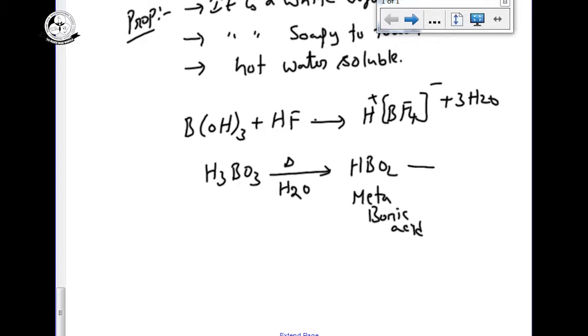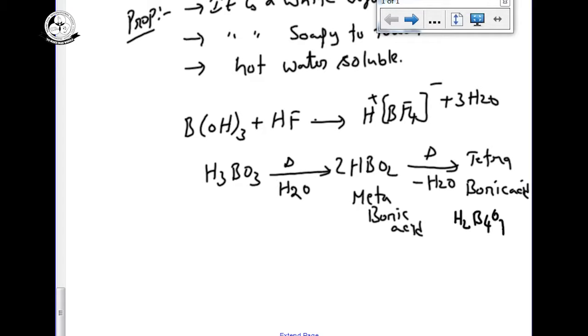On this metaboric acid, on further heating, we can take 2 moles and again lose water molecules to get tetraboric acid, H2B4O7.